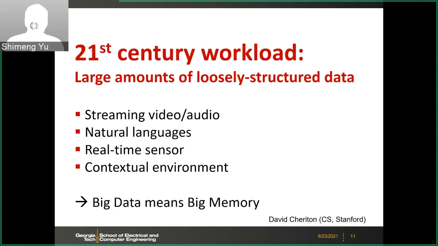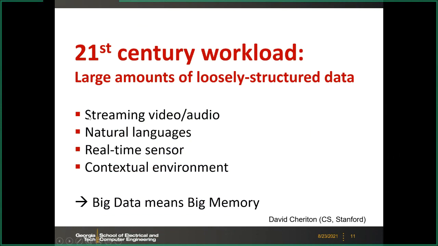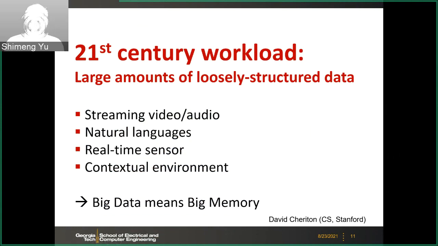Here I quote a professor from Stanford. He says that 21st century workloads are all about data, especially large amounts of loosely structured data. Loosely structured data like streaming video, audio, natural language, real-time sensors, and contextual environment: you take the data from the environment, basically.